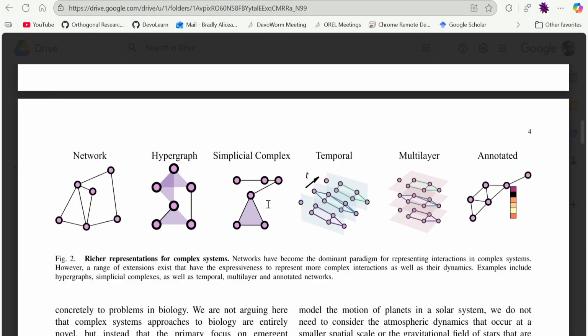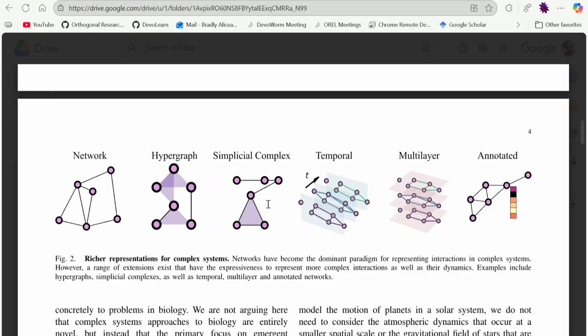So you have triangles, rectangles, diamonds, things like that. There's a type of network analysis called motif analysis. This is not quite that, but it's basically describing your network connectivity in terms of the geometry, in terms of the topology.